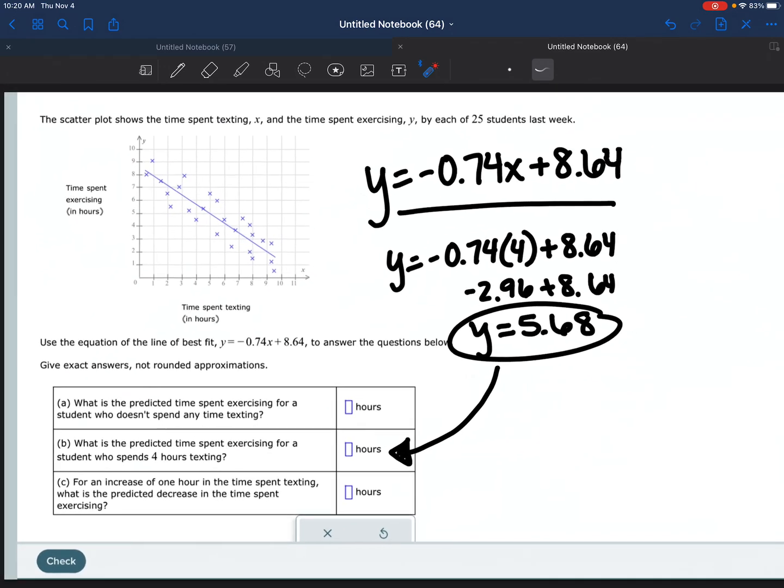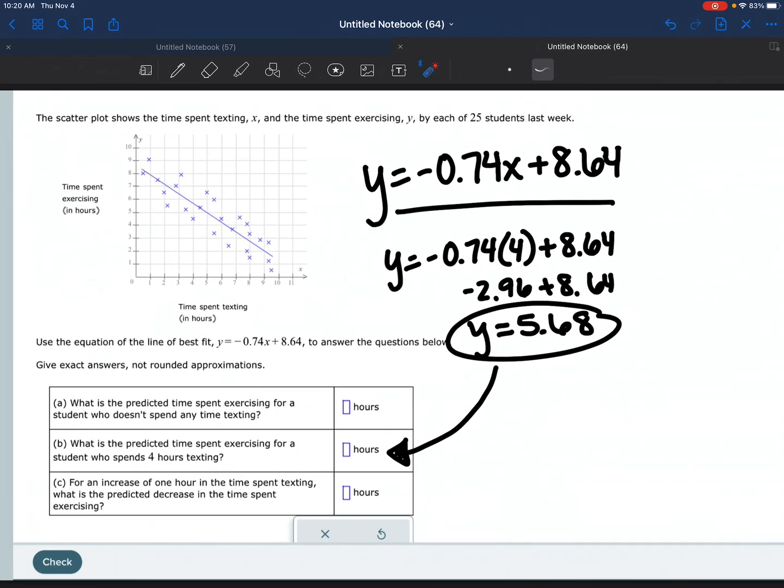Where could you find that? On the graph. Where could you find that in your equation? It wants to know what's the change per hour. Slope. Yes, Connor. Isn't slope the change in y over the change in x? So if it's just asking for the change per hour, where can we find that in our equation? Negative 0.74. Yeah, in front of x every time, okay?